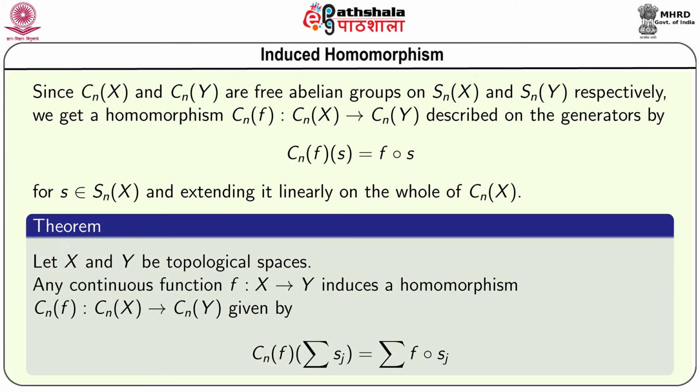Now, since Cn(X) and Cn(Y) are free abelian groups on Sn(X) and Sn(Y) respectively, we get a homomorphism Cn(f) from Cn(X) to Cn(Y) described on the generators by Cn(f) operated on s equal to f composed with s for every s belonging to Sn(X), and then we extend it linearly on the whole of Cn(X).